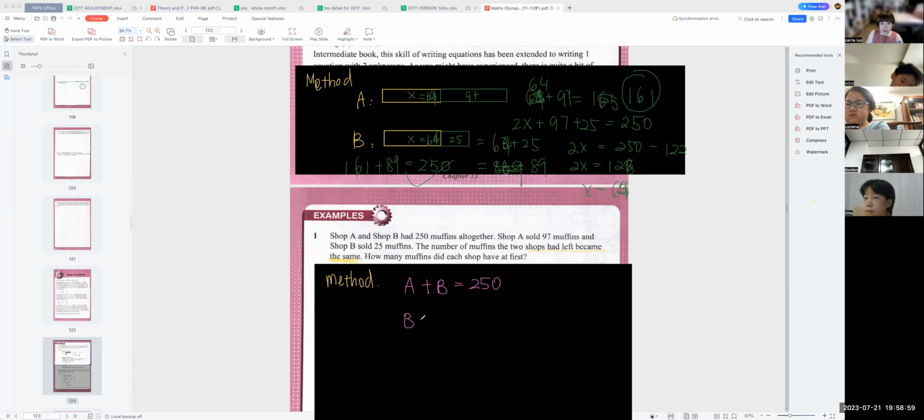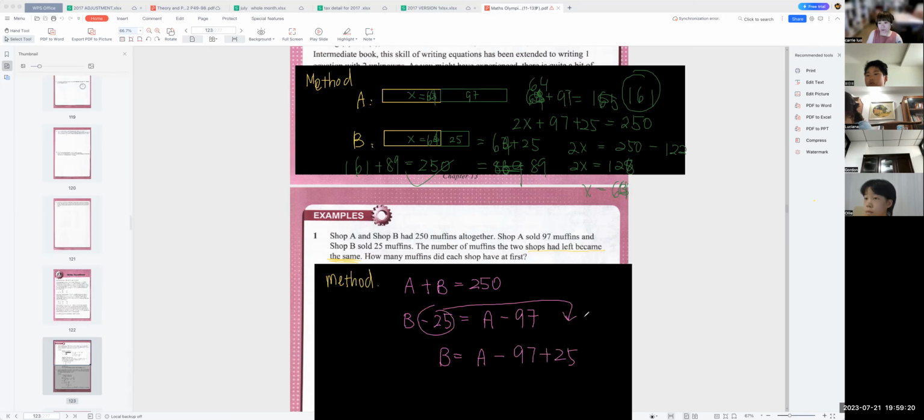So that means A minus 97 equals B minus 25. Correct, everybody? So on the other hand, B equals A minus 97 plus 25, right? So this 25, move it there. So B equals A minus 72.